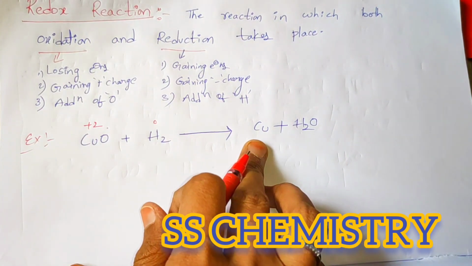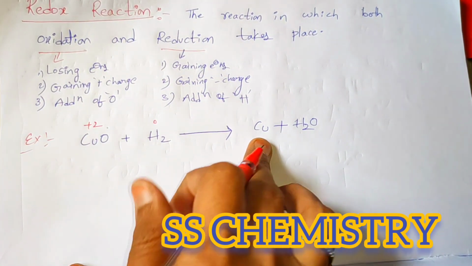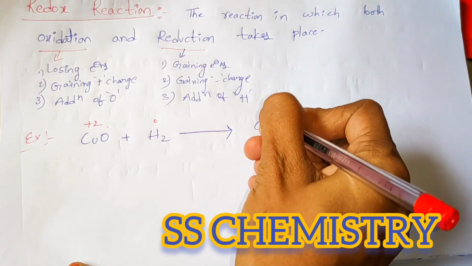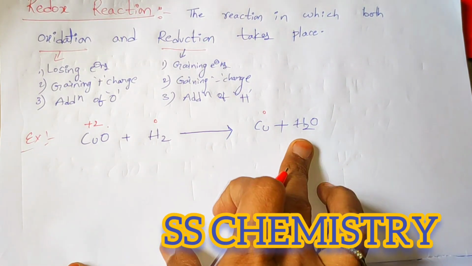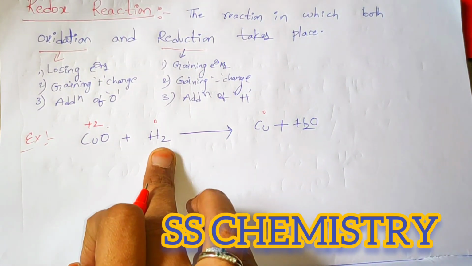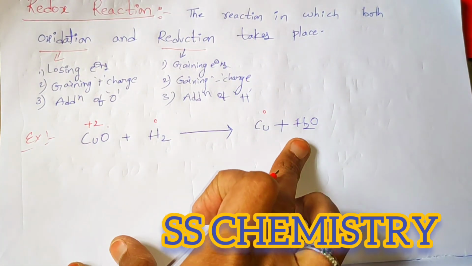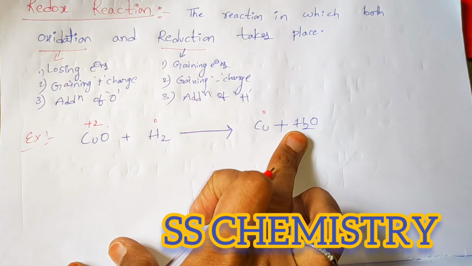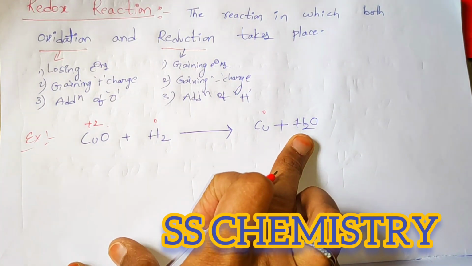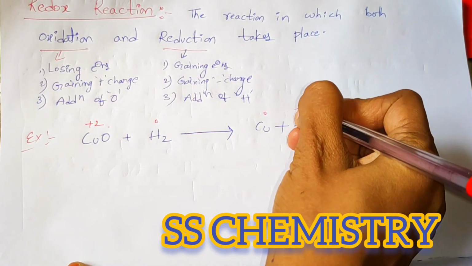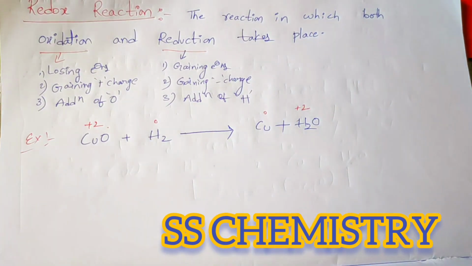Next, copper is in elemental state, so copper is having 0 charge, and hydrogen is having 0 charge. Here one oxygen means -2. Two hydrogens: one hydrogen means +1, two hydrogens means +2 charge.